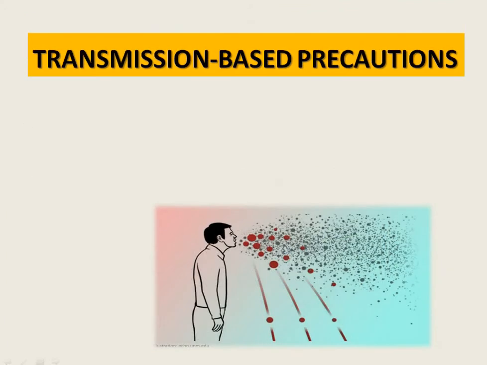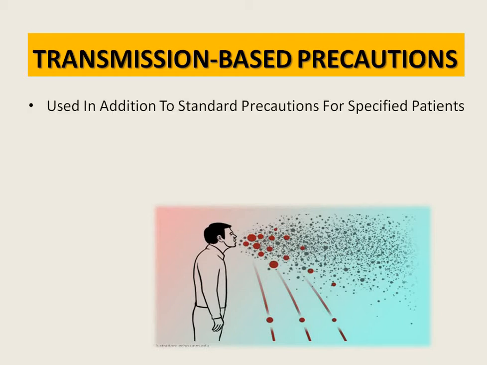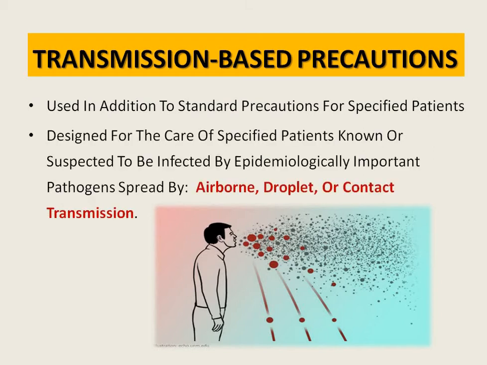So the transmission-based precautions are: number one, droplet infection, or by sneezing. These are used in addition to standard precautions for specified patients with upper respiratory tract infection or airborne infection or epidemiologically higher-risk pathogens, like corona, influenza, H1N1.